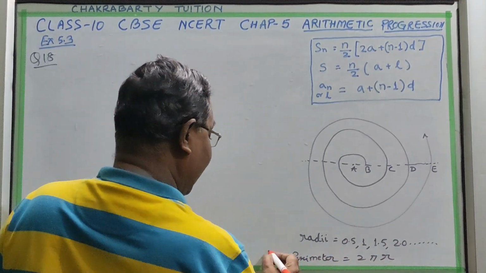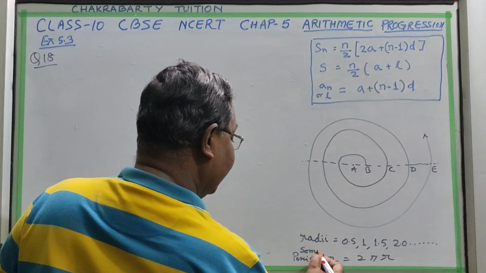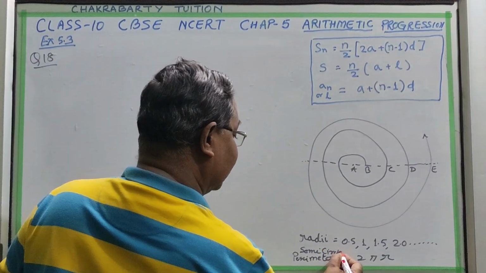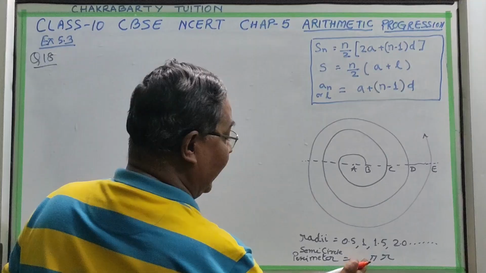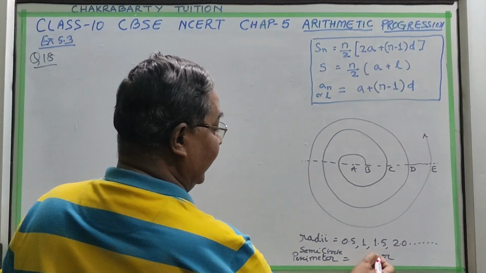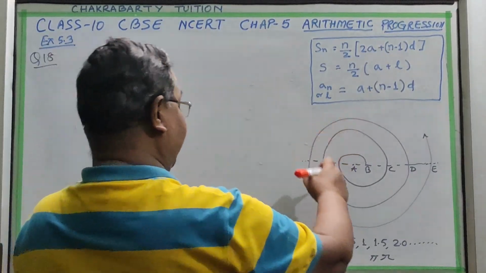This is the formula. But if you take a semicircle, semicircle means half circle, so naturally you have to divide it by 2 and it becomes pi r. So the semicircle perimeter is equal to pi r. This you remember.